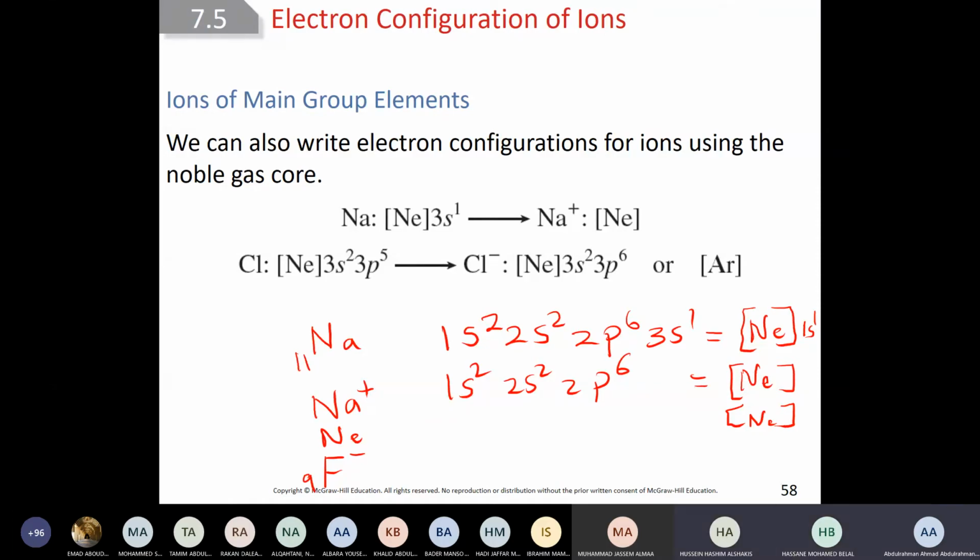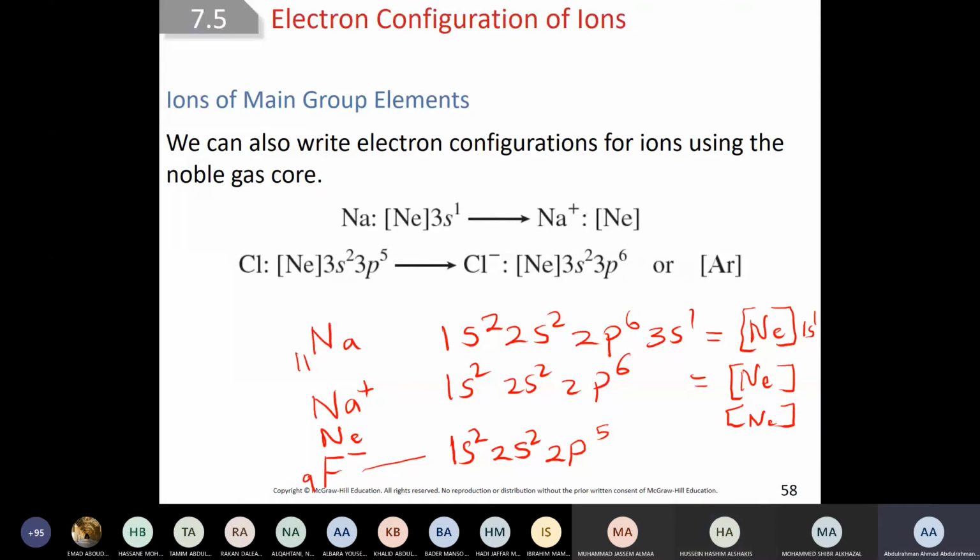What is it? No, let's do it one step at a time. Write the electronic structure for F only, which is 9. 2p5. Exactly. All right.